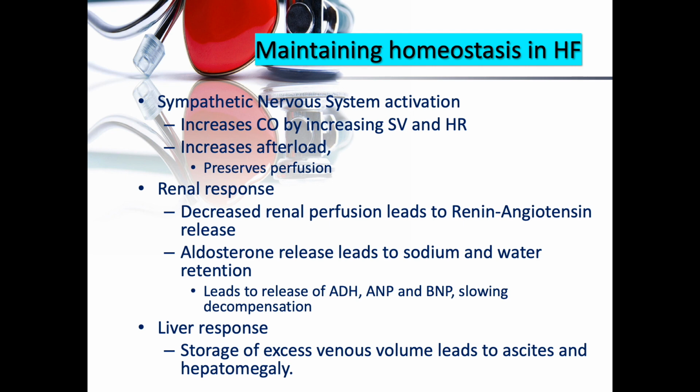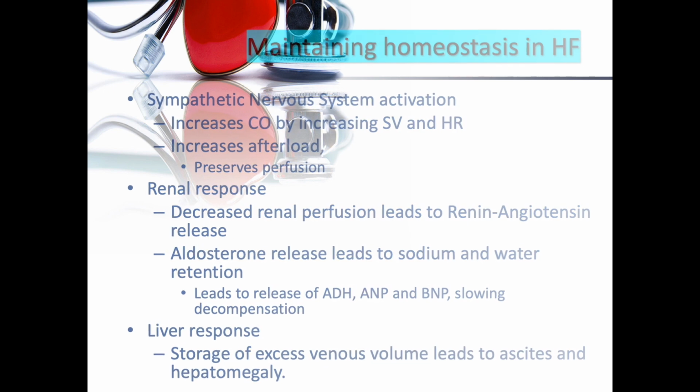In addition, aldosterone is released, and this leads to the retention of sodium and water. Both of these lead to a release of antidiuretic hormone, as well as atrial and B-type natriuretic peptides. All of these slow the decompensation that is taking place because of the heart failure.